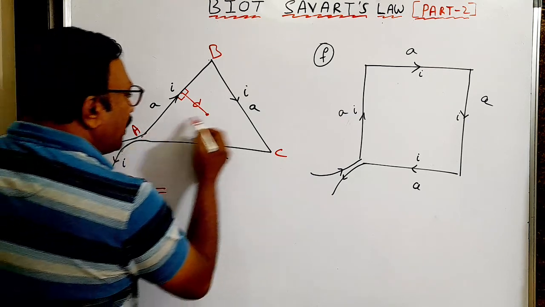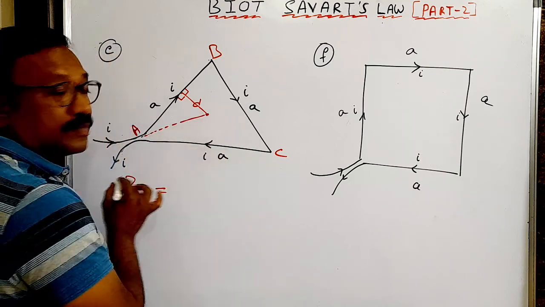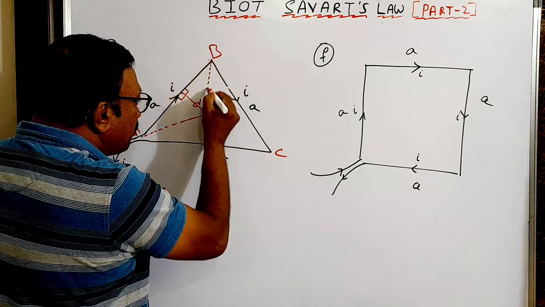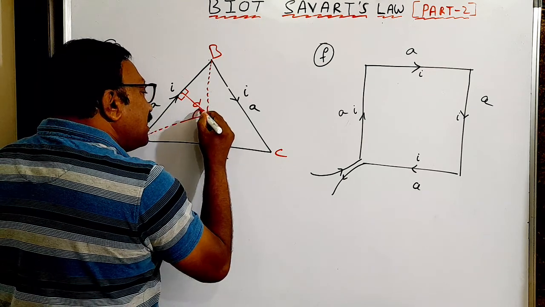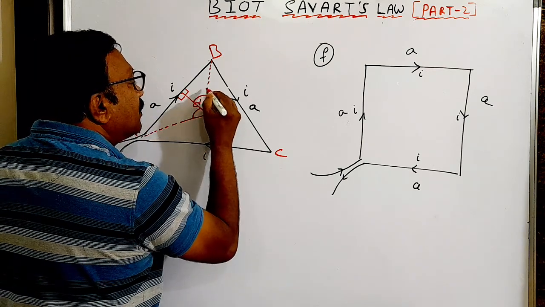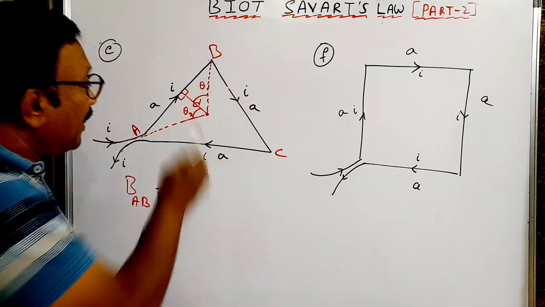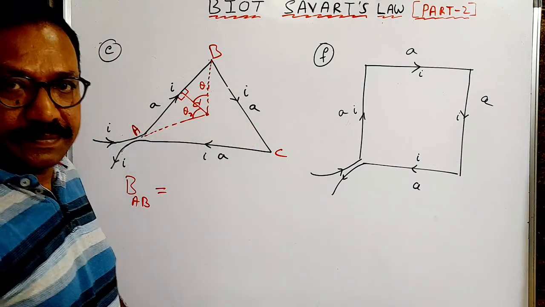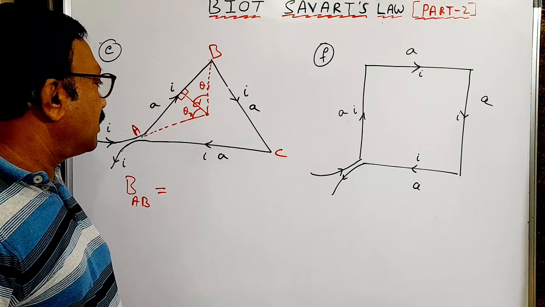Join a line from one end to this point. Join a line from the other end to this point. So these angles are taken as theta 1 and theta 2, and either side of the d you have to take. So theta 1, theta 2, d I have to determine.